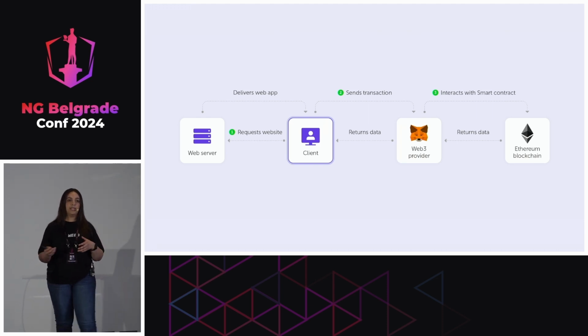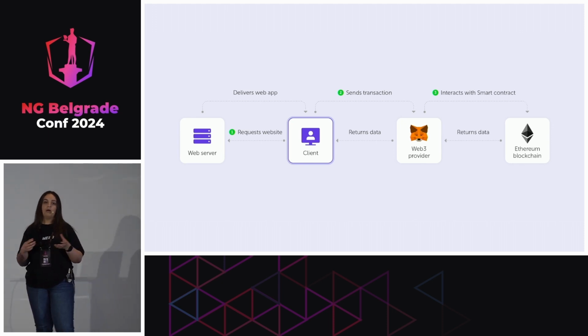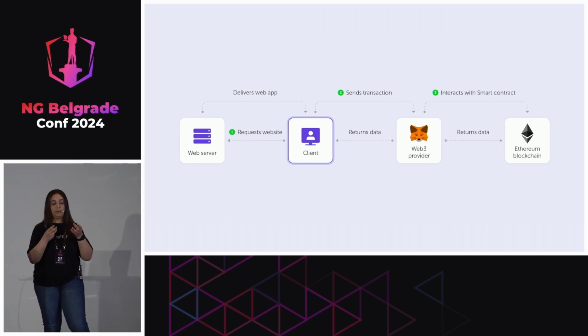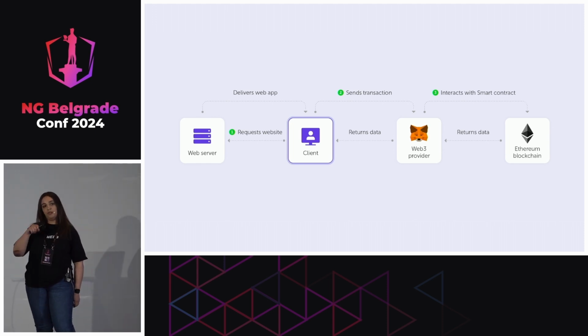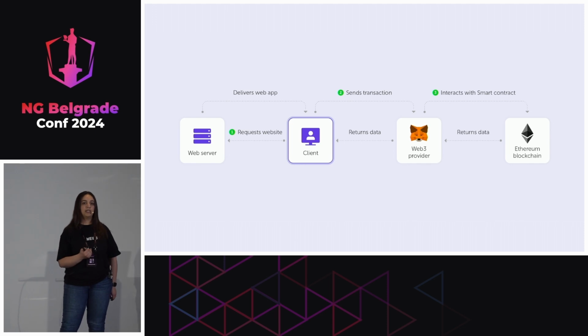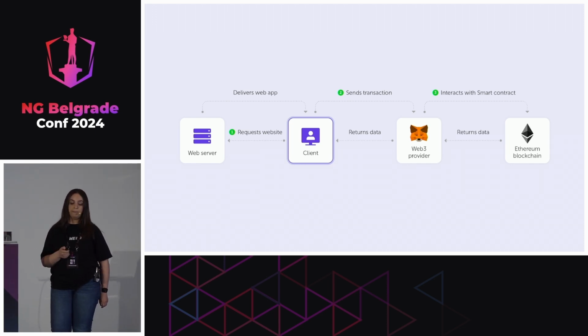That can be a public provider for reading information, or our wallet will be used as a provider. And this provider will interact with the blockchain itself, and we get the information through the provider.